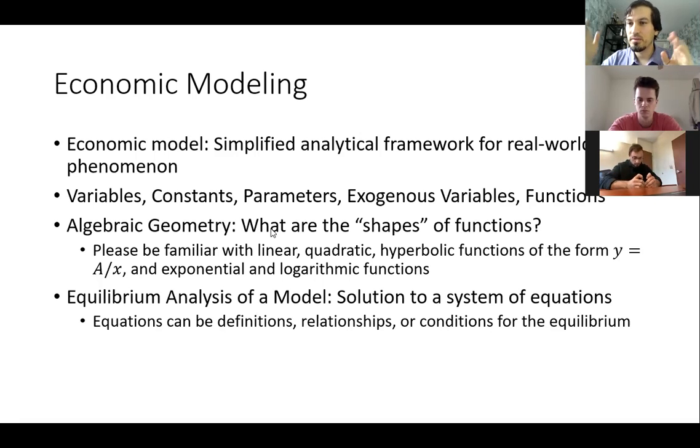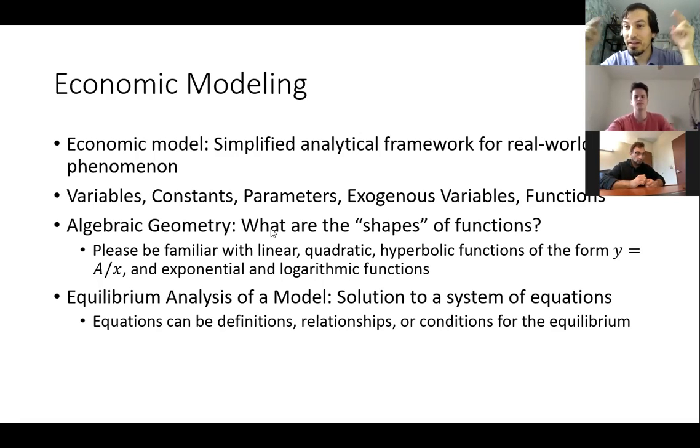If you're familiar with the law of demand, it says demand curves are downward sloping. The law of supply says supply curves are upward sloping. Equilibrium analysis of a market says the equilibrium price will be where quantity supplied equals quantity demanded. That's my review of Econ 101, the micro course.